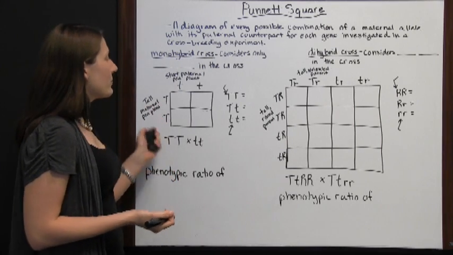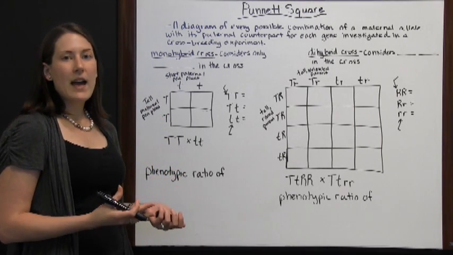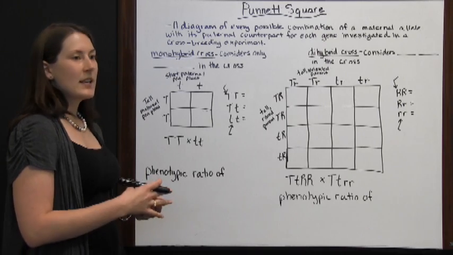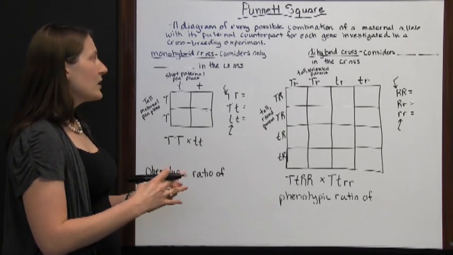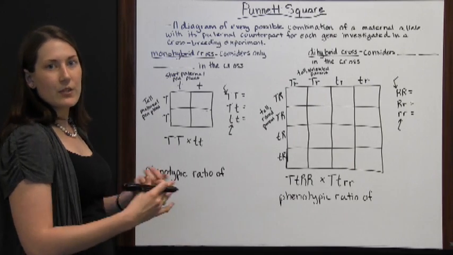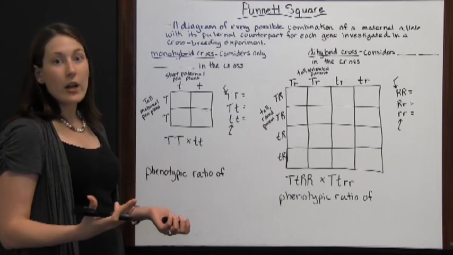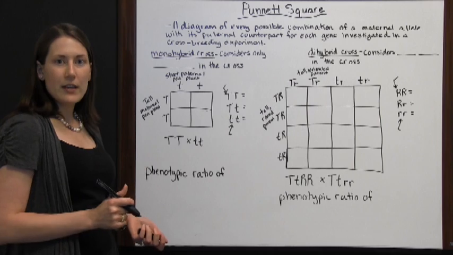And this just would put out all the options, and from that you could figure out the ratios, and if you planted 100 of these plants or crossbred 100 of these plants, you could predict how many of them would come out which color, if color was the trait you were looking at.